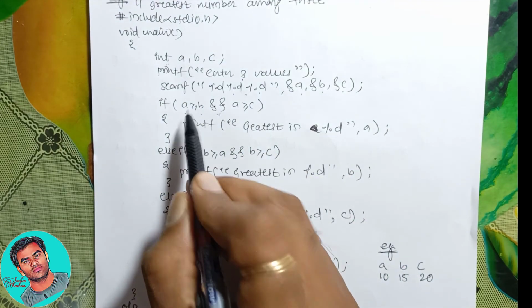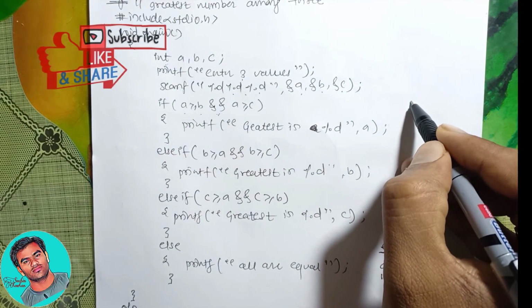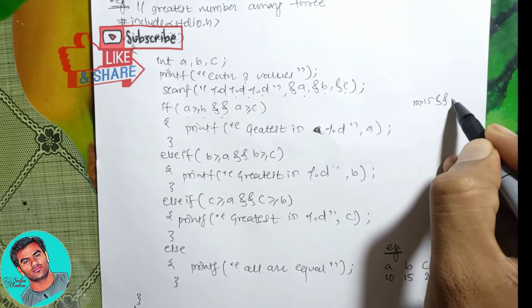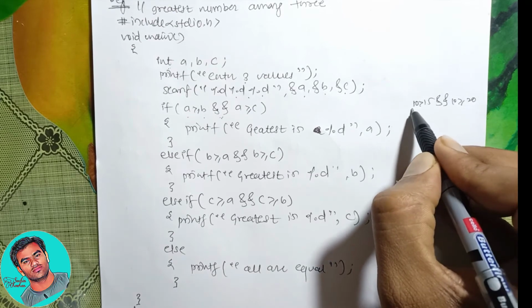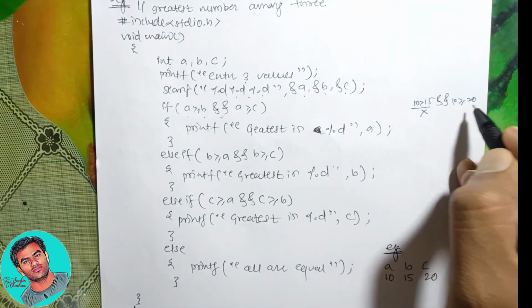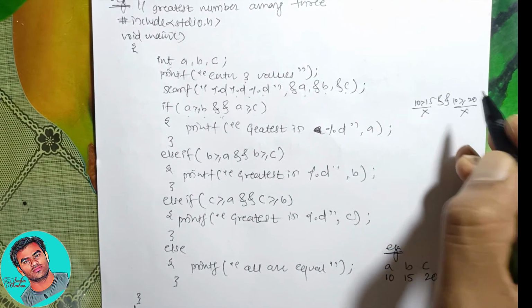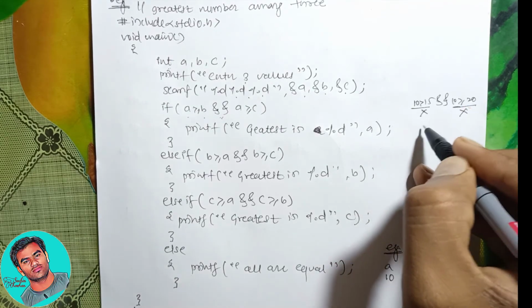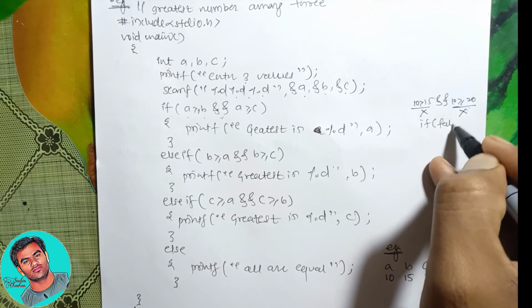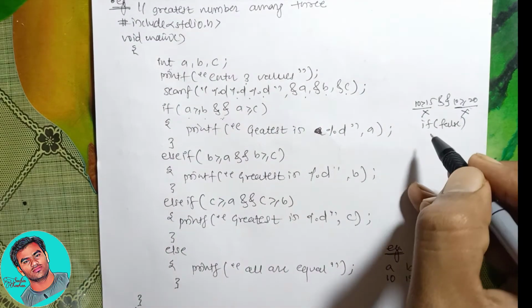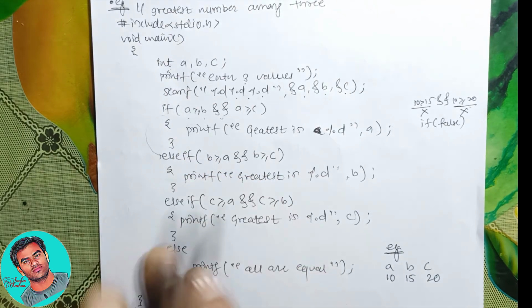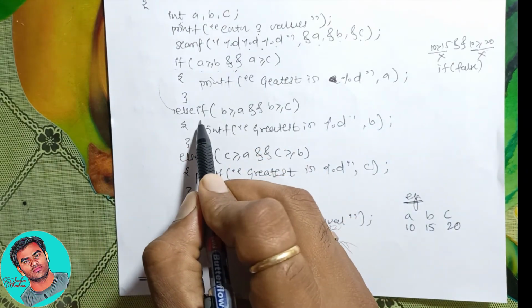Now it checks a greater than or equal to b, that is 10 greater than or equal to 15, and 10 greater than or equal to 20. 10 greater than or equal to 15 is false, 10 greater than or equal to 20 is false. Both conditions are false, so the value is false, and it will move to the next one and check the else if.